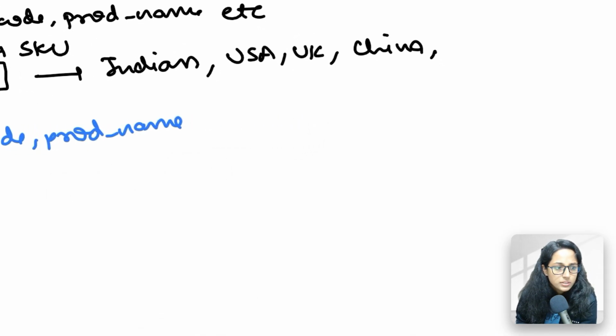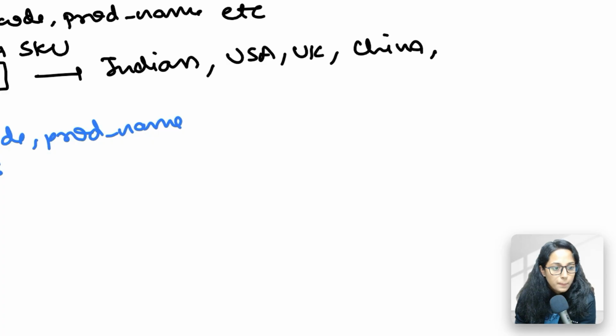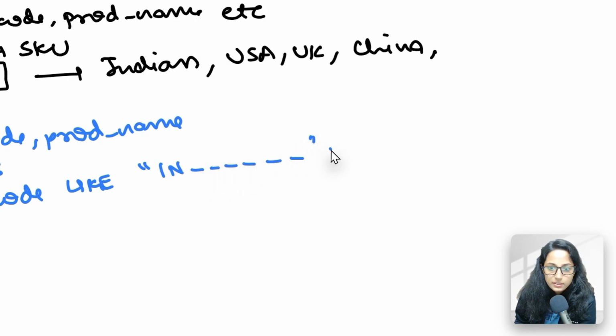From my products table, where, so where is used for conditioning. Where my product code like, and then I will mention IN followed by six underscores.